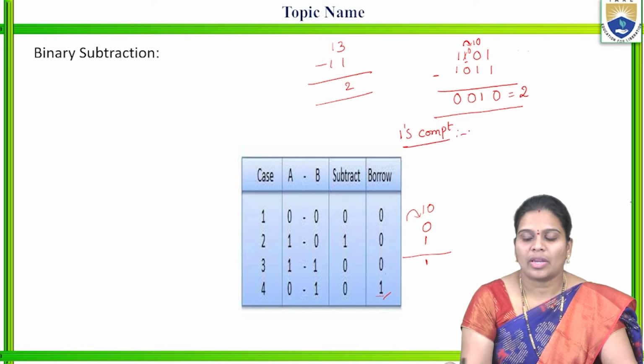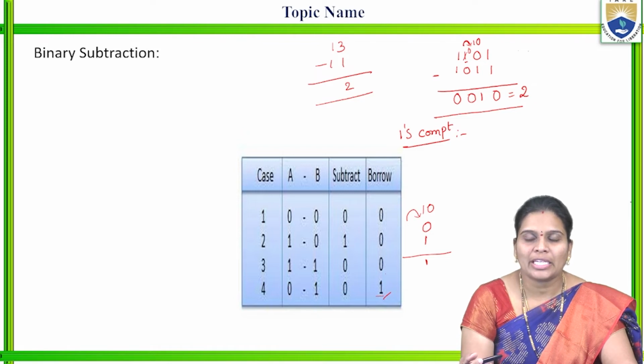1's complement of these values. Let us take 13 minus 11. In 1's complement subtraction, we apply the 1's complement to the subtrahend. Next, add that 1's complement to the original value.